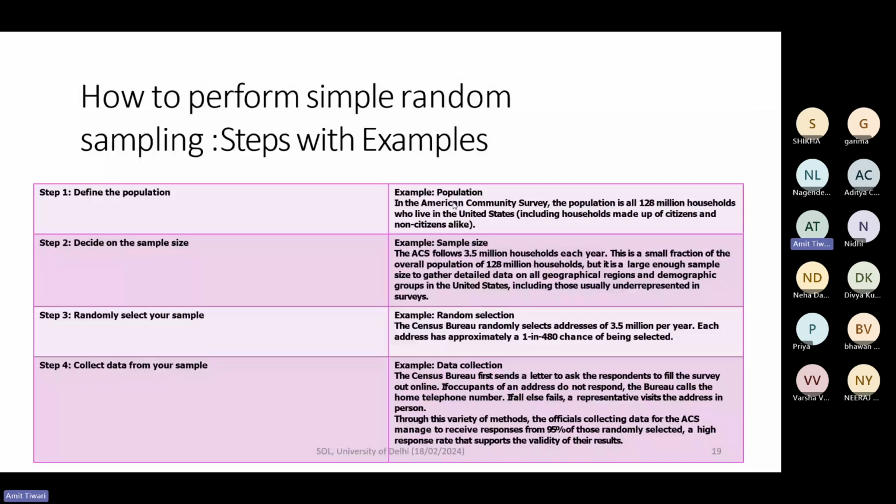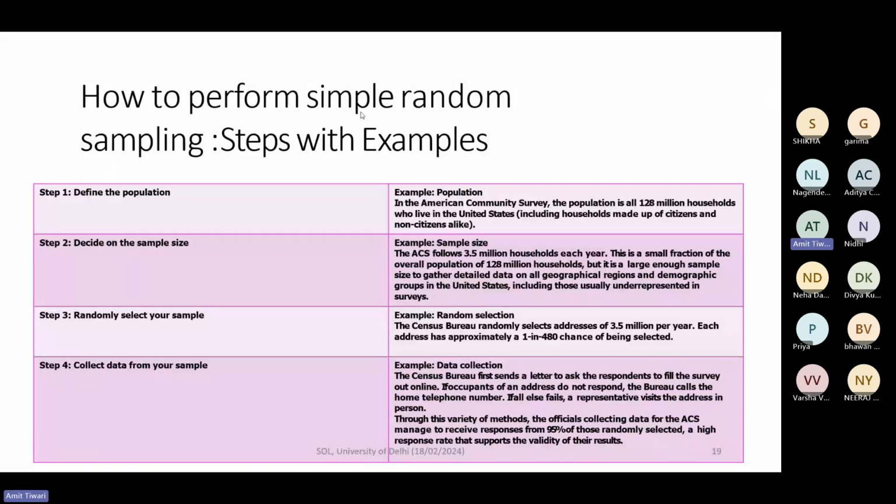For that, the example is given that the Census Bureau first sends a letter asking the respondents to fill the survey out online. If occupants of an address do not respond, then the Bureau calls the home telephone number. If all else fails, a representative visits the address.